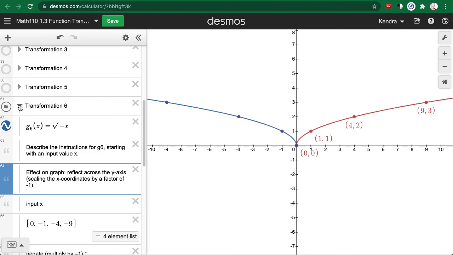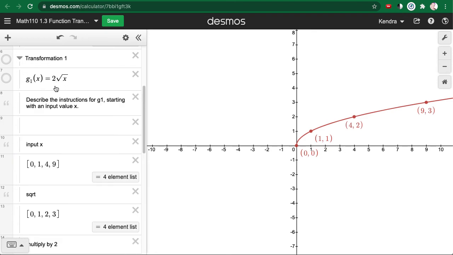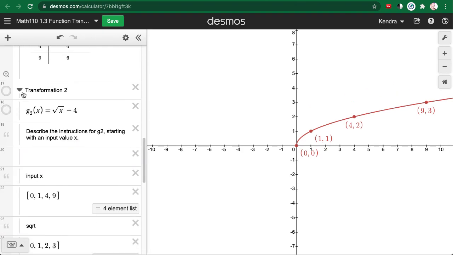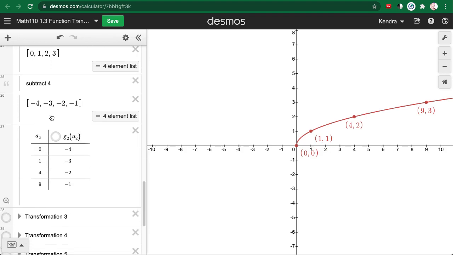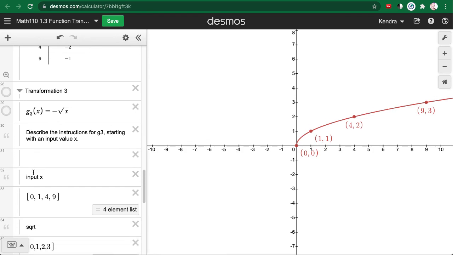All right. So I want to look at the summaries of this. If you summarize what happens, like in the first 3 transformations, I applied my base function and then I did something to the output values after applying that base function. And the effects on the graph were all effects on the y-coordinates of the graph.